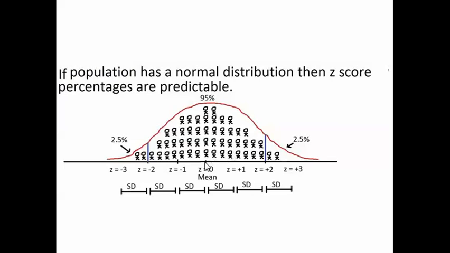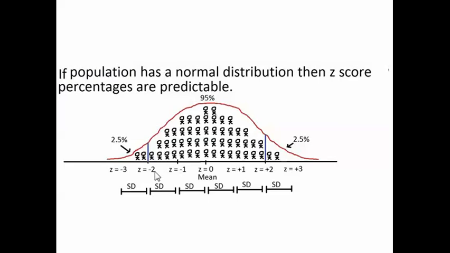Also, a person with an IQ of 70 would have a z-score of -2, and a person with an IQ of 130 would have a z-score of +2, because if you start at 100 and go down by 15, that's 85. And if you go down by 15 again, that's 70. And if you start at 100 and go up by 15, that's 115. And if you go up by 15 again, that's 130.